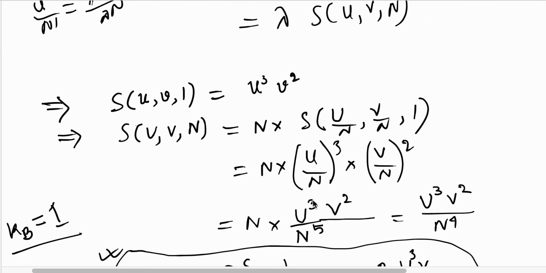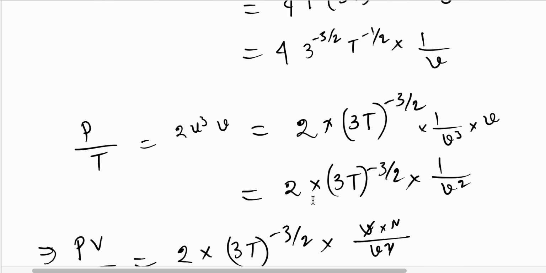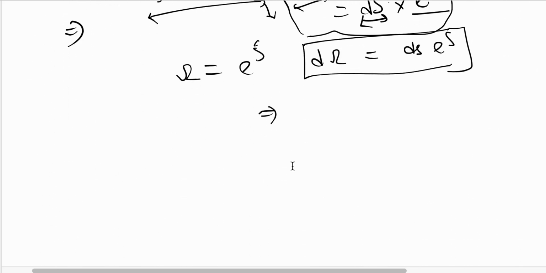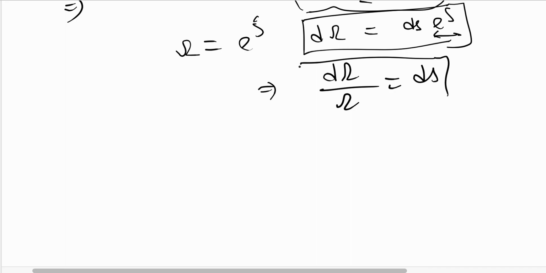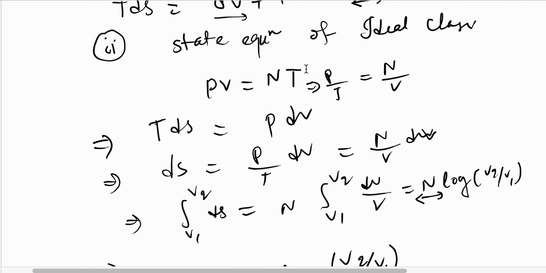If you put the ln omega, you will actually get the total number of microstates. Your statement is correct. Since e to the power S is the previous number of microstates, d omega by omega is ds. So the change in the total number of microstates will be ds. That's the formula, you can work it out.